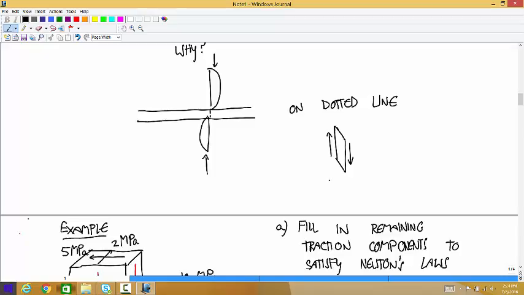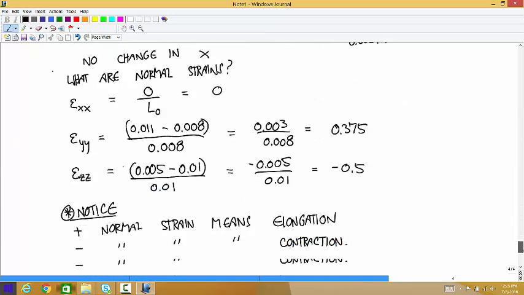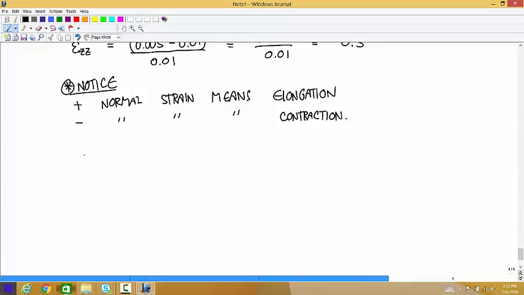Okay, and so shear stresses naturally correspond to shear strains. And so let's talk about how to calculate a shear strain. So shear strains are changes in the angles between faces.